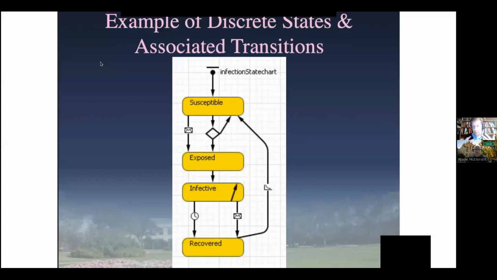In terms of state, a person might be associated with, for example, state related to infection status, indicating that at any one time they are either susceptible, exposed, infected, or recovered. But over time, they evolve between those states.